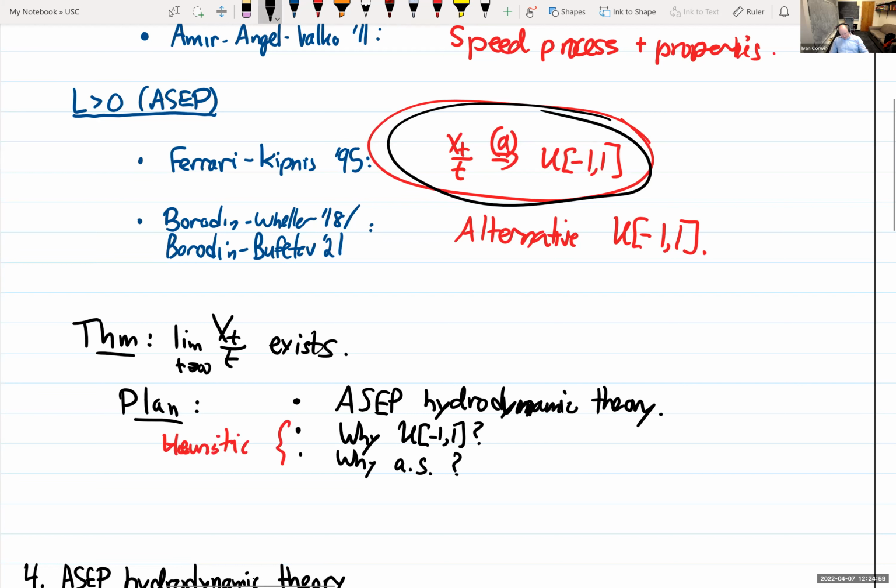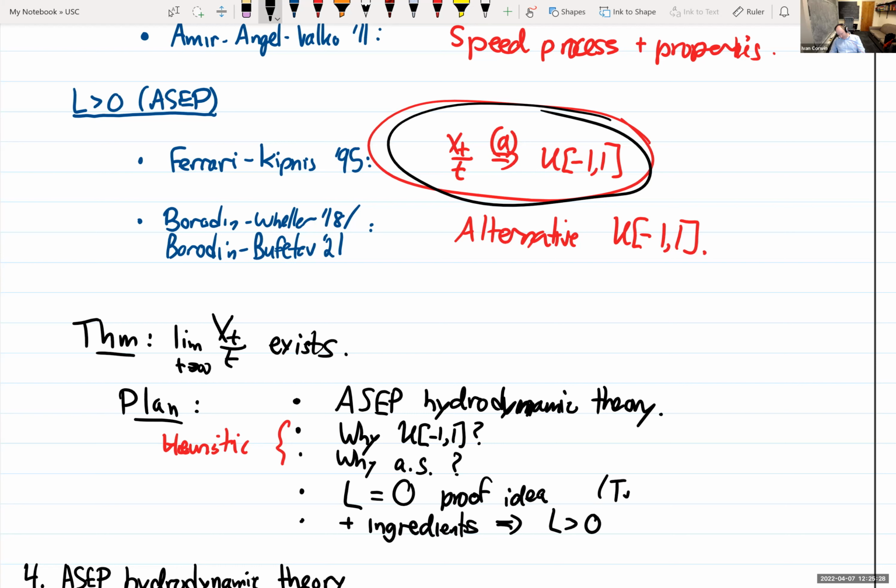And then I'll turn to explaining the actual proof, which needs other ideas. I'll focus on the L equals 0 proof. And you say, well, okay, that result was already known. That's fine. It's a different proof, and it's a proof that, with a few additional ingredients, gives the L bigger than 0 case.